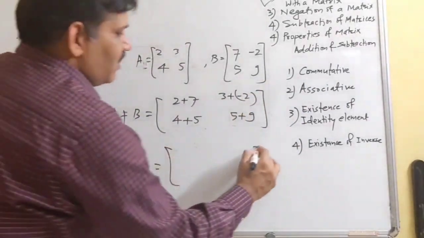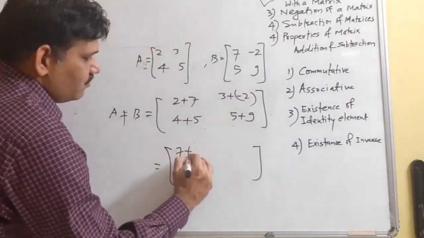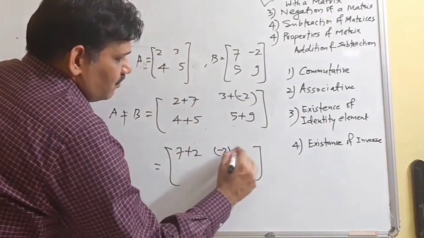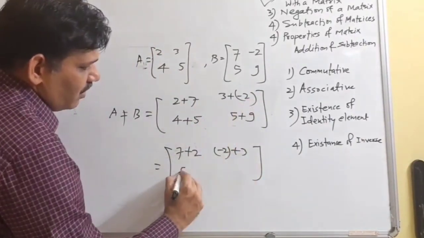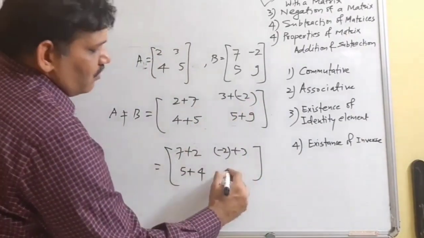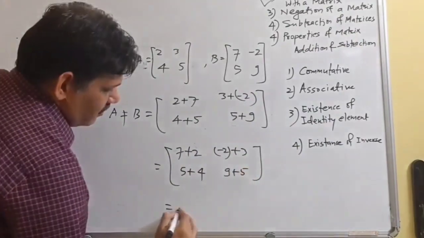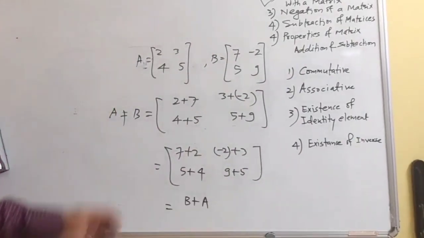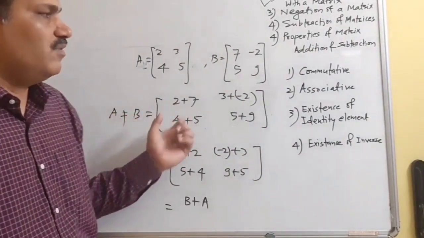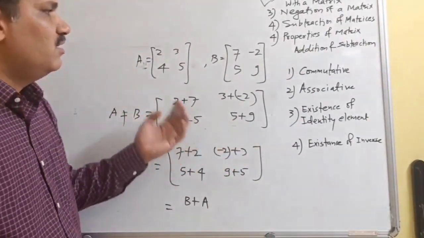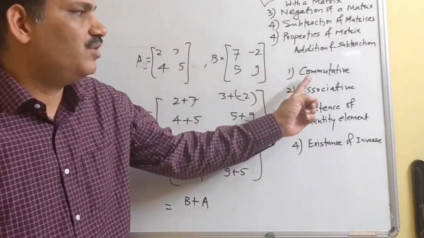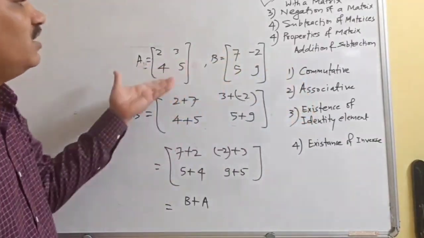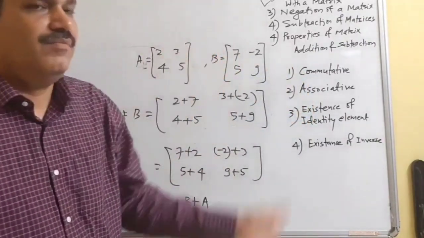This will be the same as 7 plus 2, minus 2 plus 3, if I change the order, 5 plus 4, 9 plus 5, that is B plus A. Obviously, since the sum of numbers here follows the commutative property, the matrix addition is commutative.